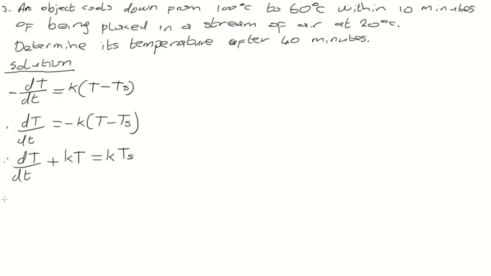Anyway, so the integrating factor, therefore, IF is equal to e raised to the integral of k dt, so therefore equal to e raised to kt. So therefore T e raised to kt is equal to, then the right-hand side is only having constants.